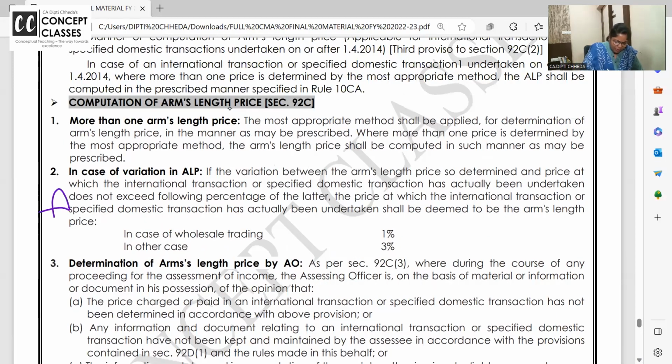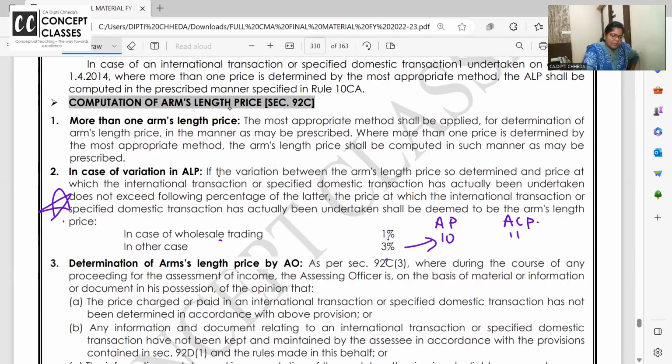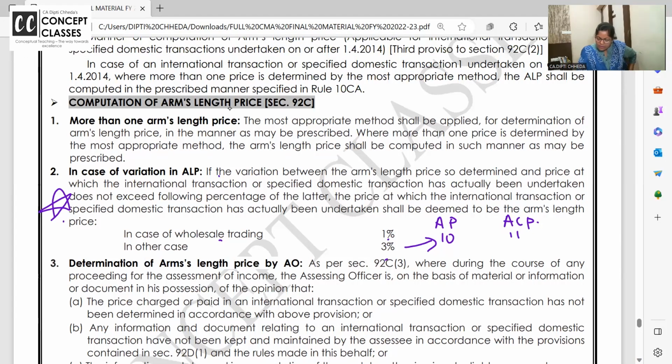Mark this, very important. Sometimes they also ask us, between your regular price, your actual price, and the arm's length price, if there is a difference of 1% in wholesale and 3% in retail, then ignore the arm's length price. Like actual price is 10 rupees and arm's length price is 11. So 10 into 103%, this is coming to 10.3.